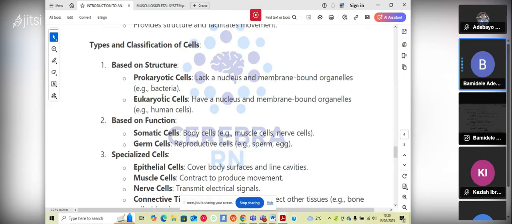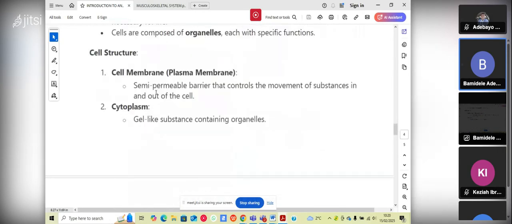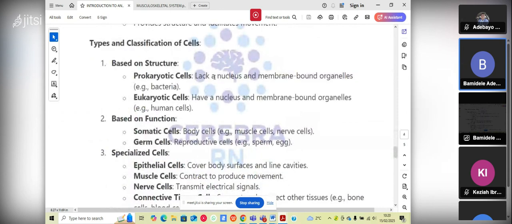But every human cell has a nucleus and a cell membrane. Those cells that lack them are not human cells.